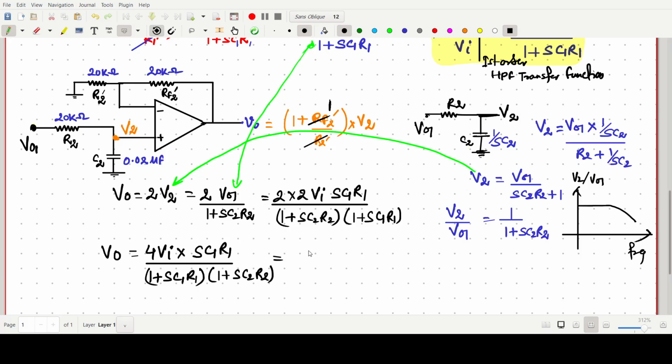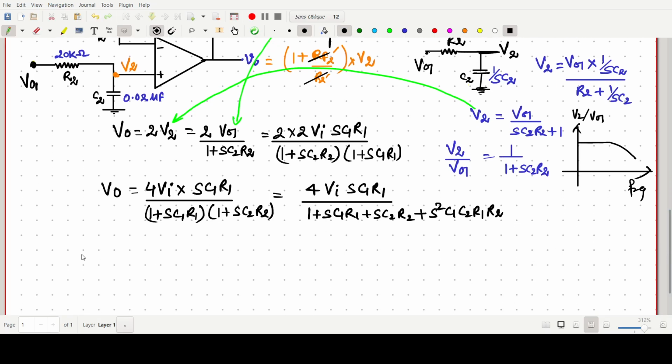Or more generally, if we solve for Vi SC1 R1 upon, if we multiply the terms, what will we get? 1 plus SC1 R1 plus SC2 R2 plus S square C1 C2 R1 R2. Simple multiplication we are doing. So now the function V naught by Vi, that is our band pass filter.